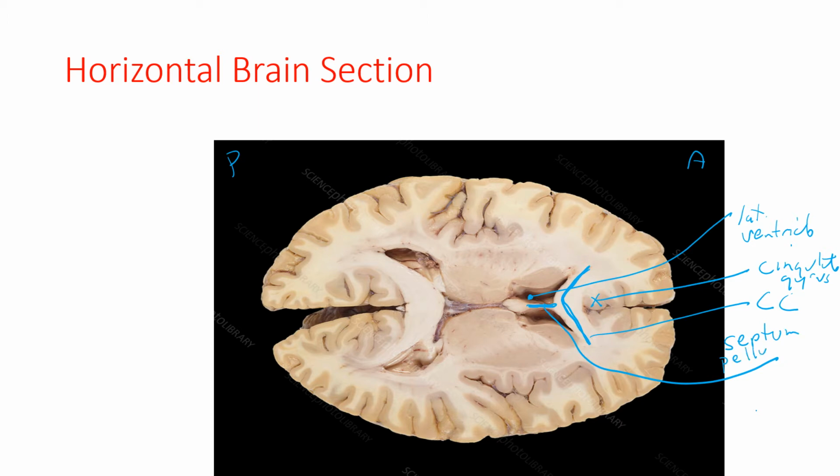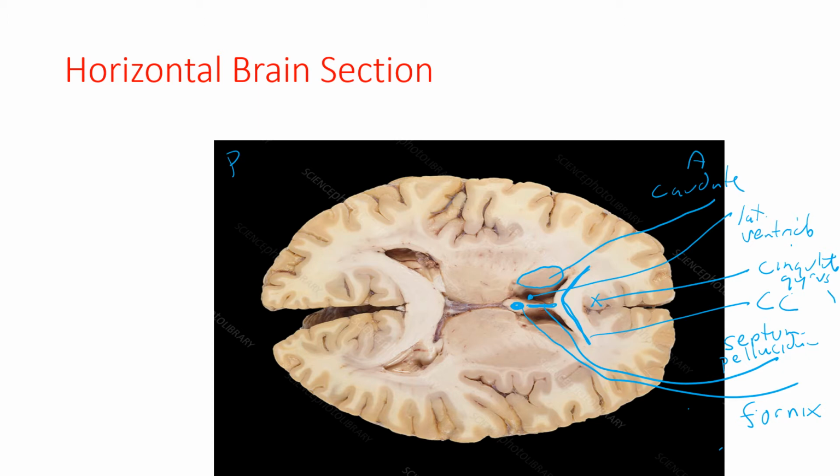And then at the bottom of the septum pellucidum right here, this is going to be the fornix. Then we can identify gray matter that is impinging upon the lateral side of the lateral ventricle. And that will be the caudate nucleus.